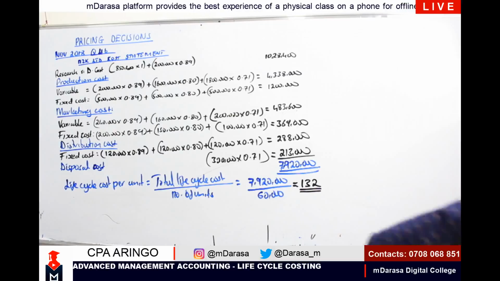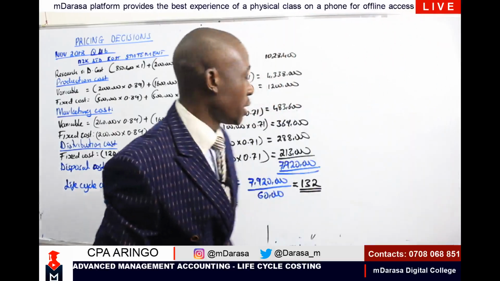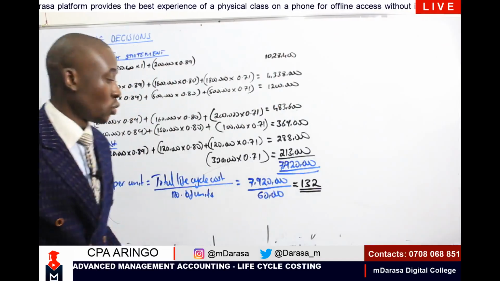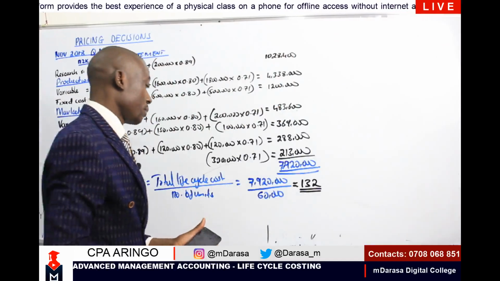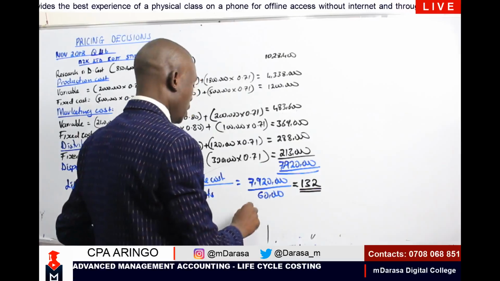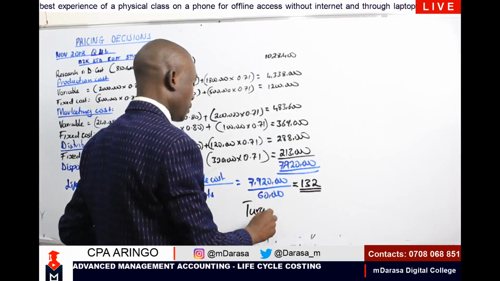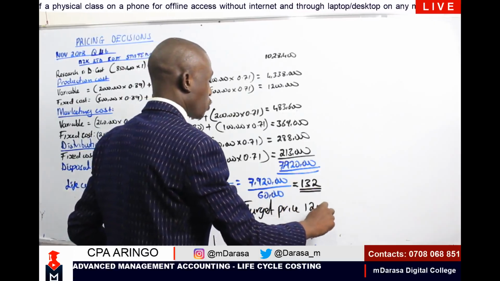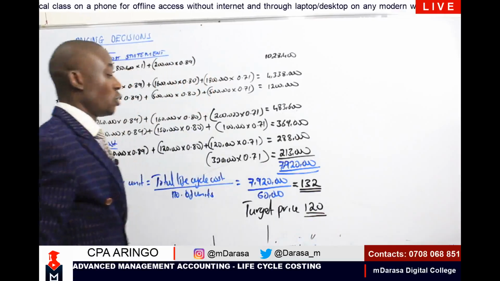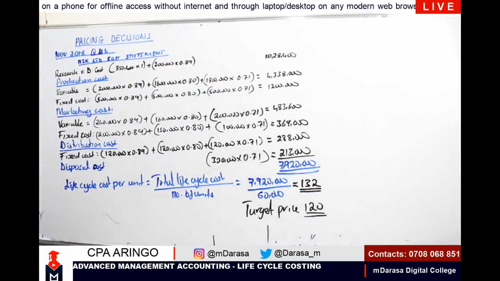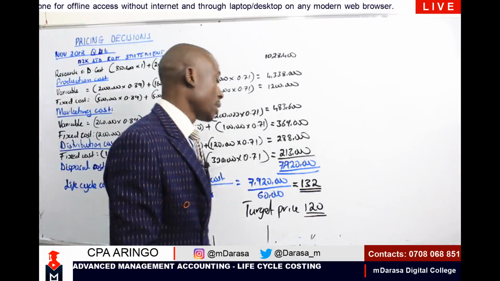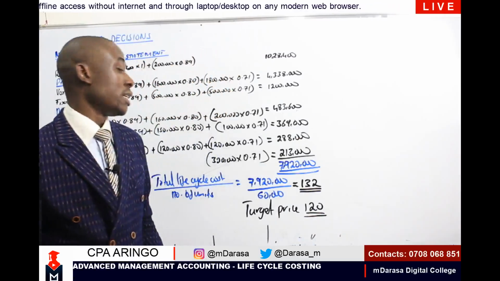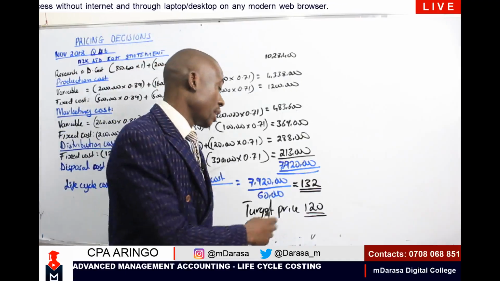We can clearly see that our life cycle cost per unit here is 132. And according to the marketing director, the target price, the customers were willing to pay 120 per unit. So you can clearly see that at this point my life cycle cost is already higher than the target price.